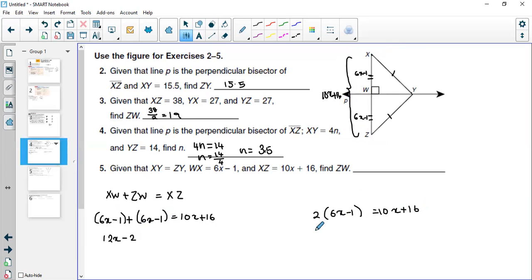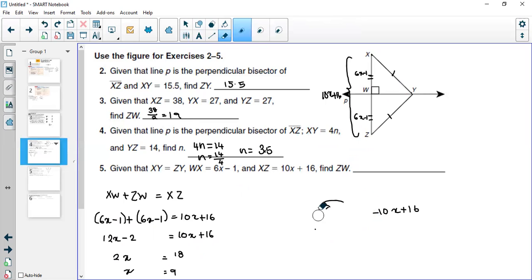So even if you write this and simplify, it's going to give you the same: 12x minus 2 equals 10x plus 16. Now 12x minus 10x gives 2x equals 16 plus 2, which is 18. So x is going to be equal to 9. So the value of x is 9. Now you know what's next. You can substitute that in place of x in 6x minus 1 and find out the length. So let's substitute this.